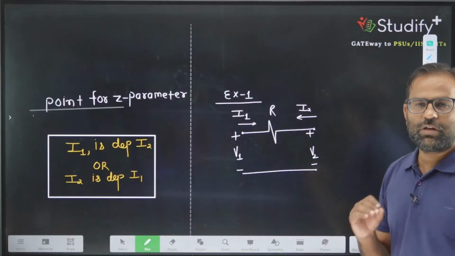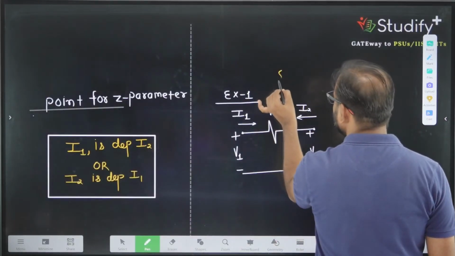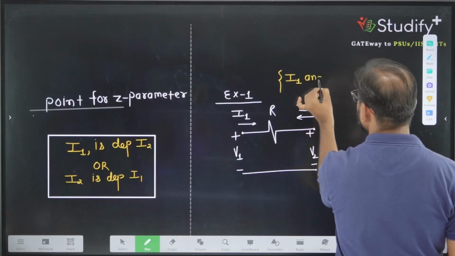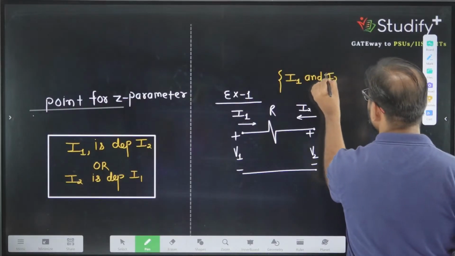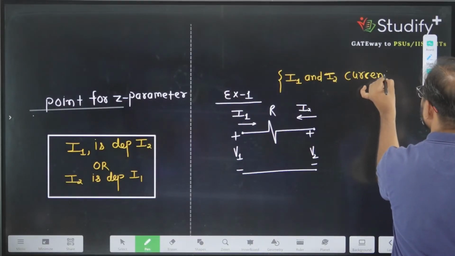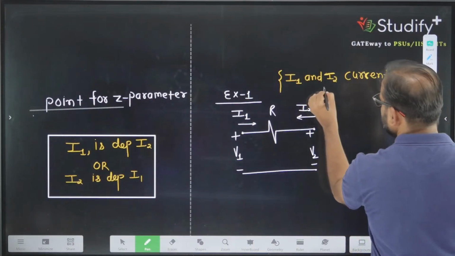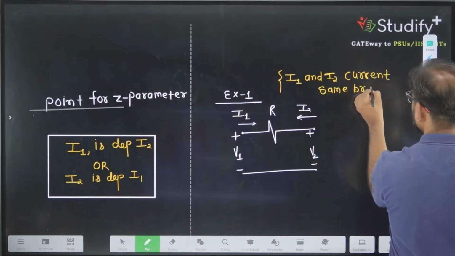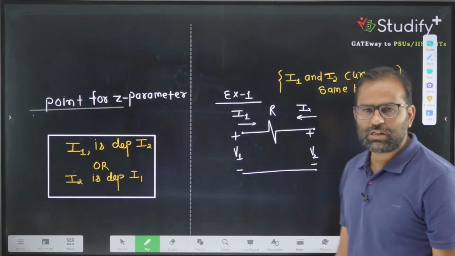Here you can observe that I1 and I2 are the current in the same branch.